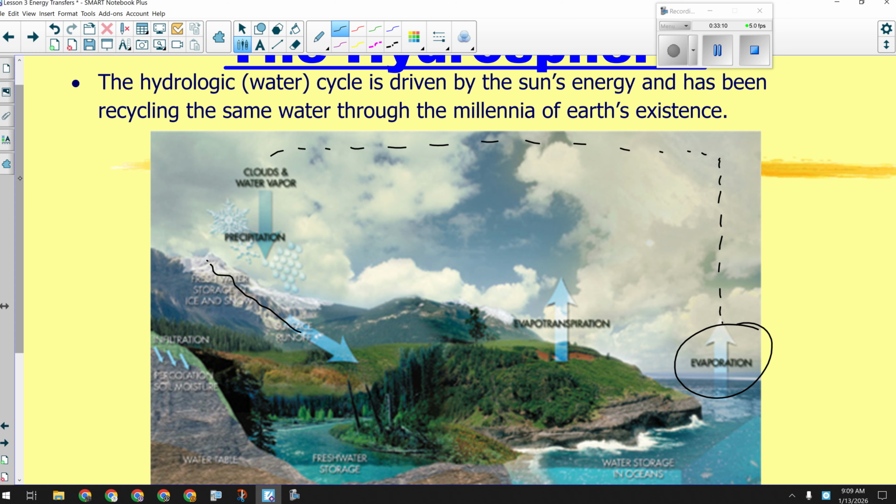Now, can the sun drive that cycle in Antarctica? What's Antarctica covered in? Yeah, snow and ice. Several kilometers thick in some places. What's the driest continent?